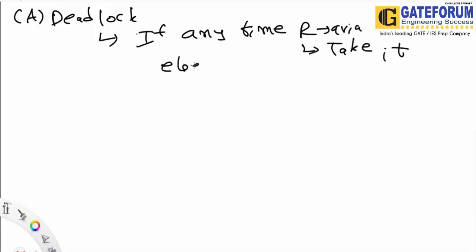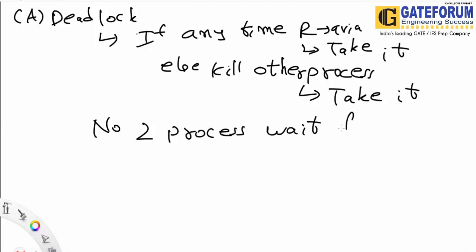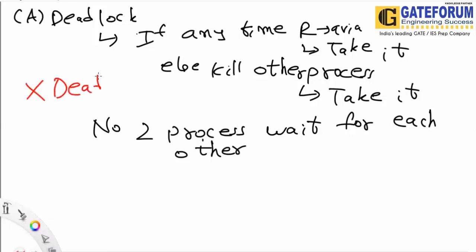Else we kill the other process and take them. After killing that other process, we take them. So no two processes wait for each other, and because of that there is no deadlock here. Deadlock is never possible here.